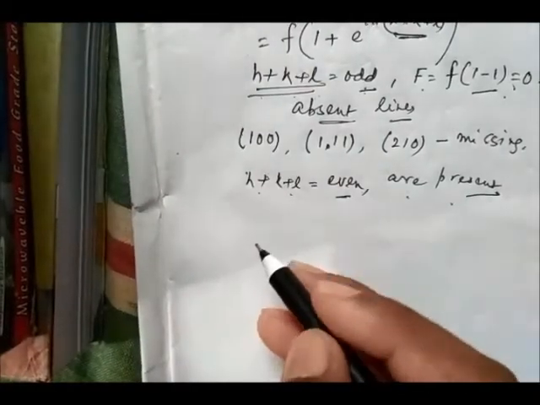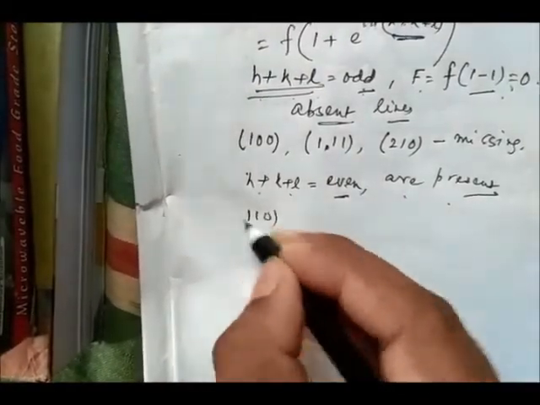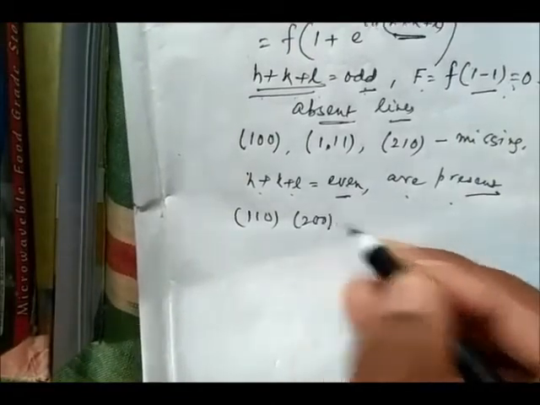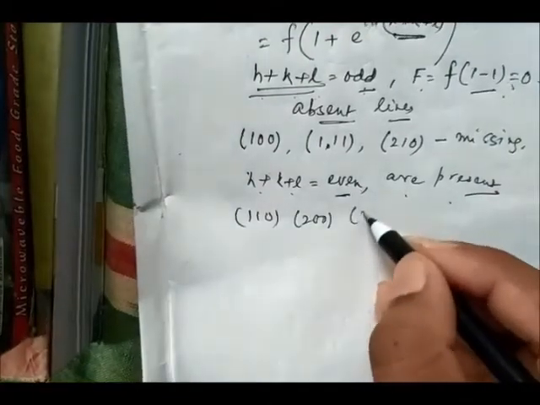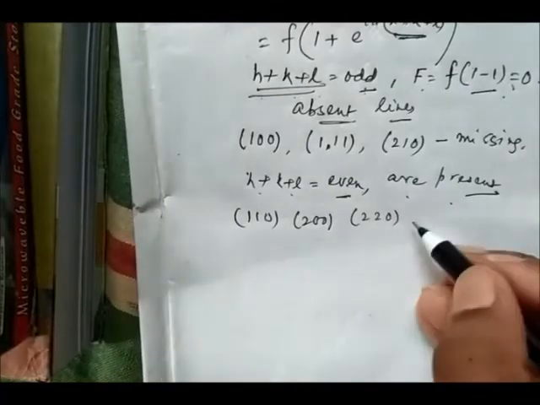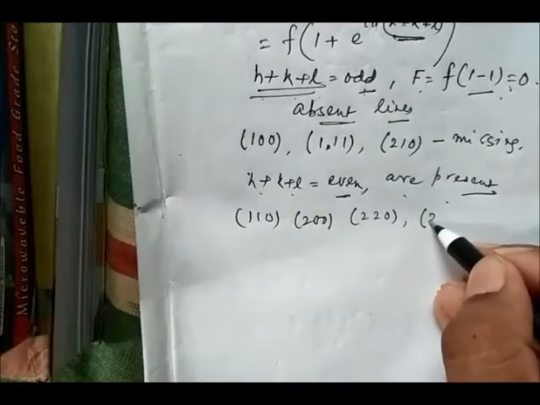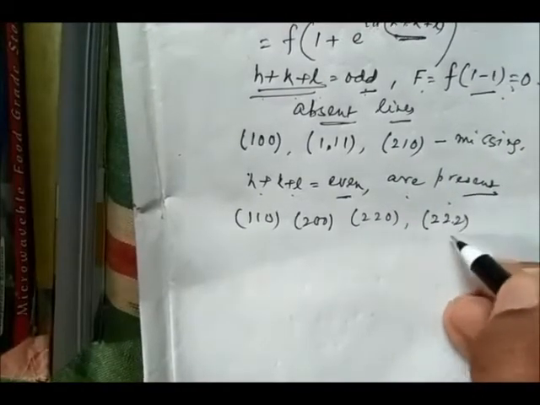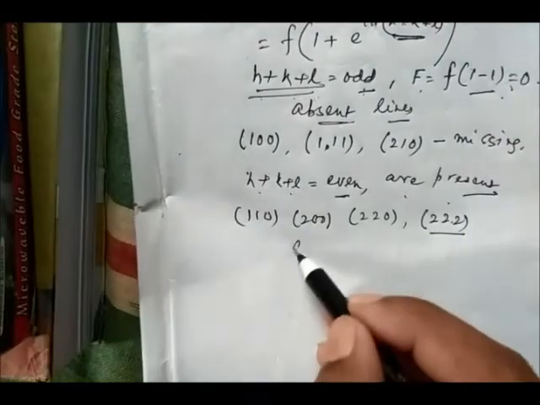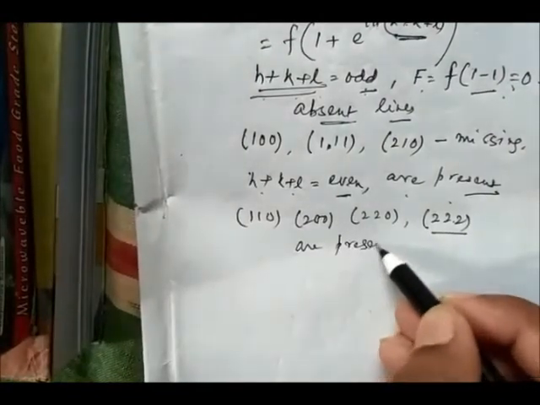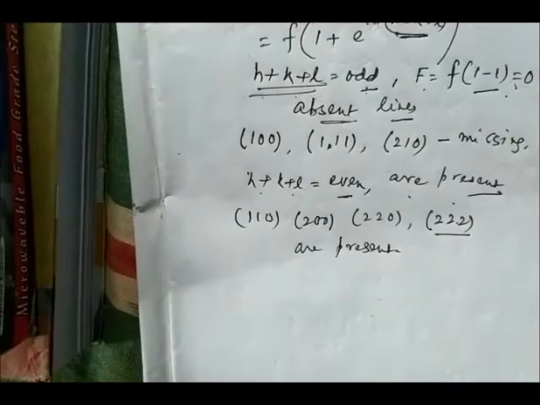So h plus k plus l even means those lines are 1 1 0, 2 0 0, 2 2 0, and 2 2 2, etc. Those lines are present for a BCC crystal.